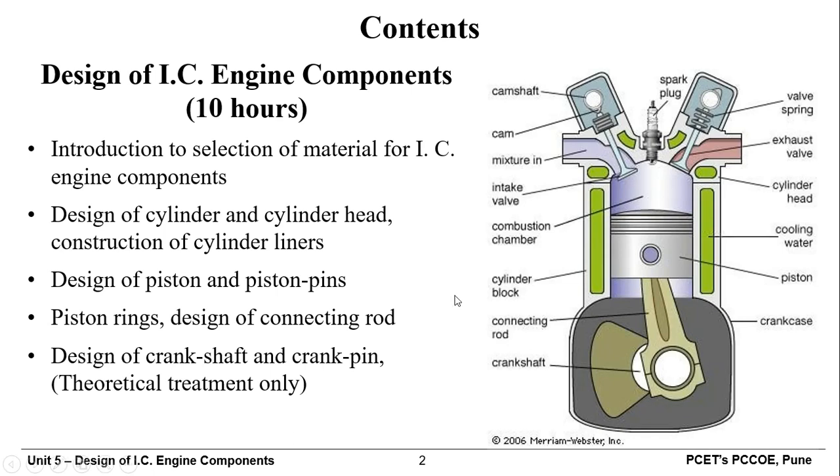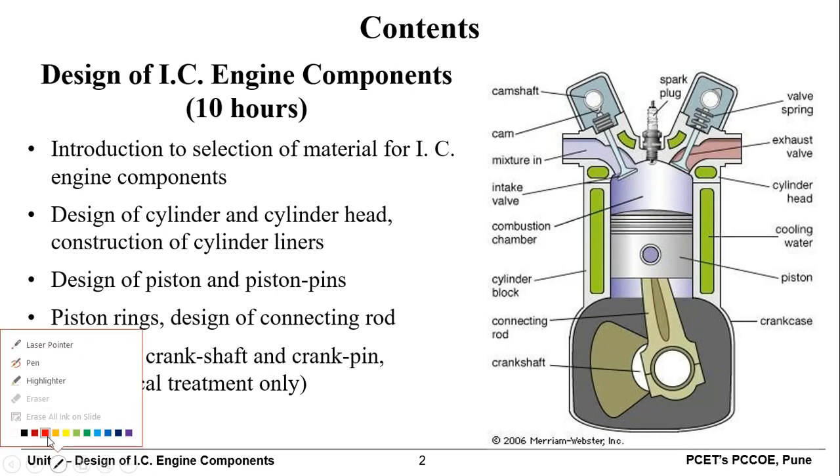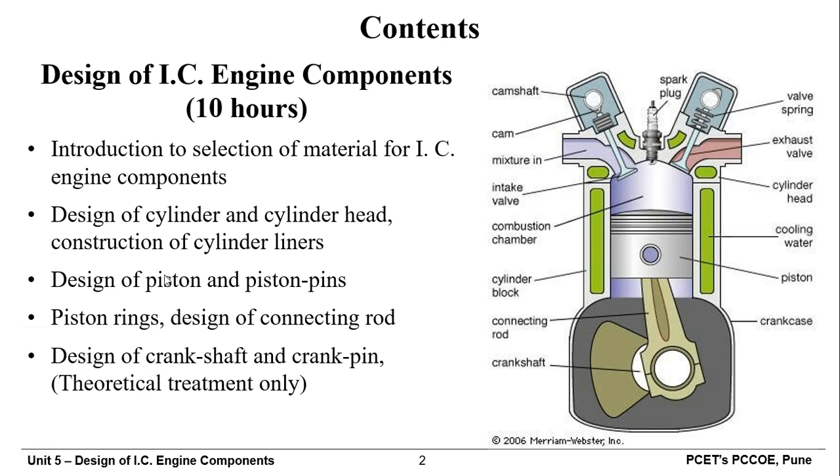So you can see in the figure that there is a cylinder block, and inside the cylinder there is a piston, and at the top of the cylinder there is a cylinder head, and that accommodates the inlet port from which air and fuel mixture come inside, and its flow is regulated by intake valve, whose movement is controlled by cam and camshaft.